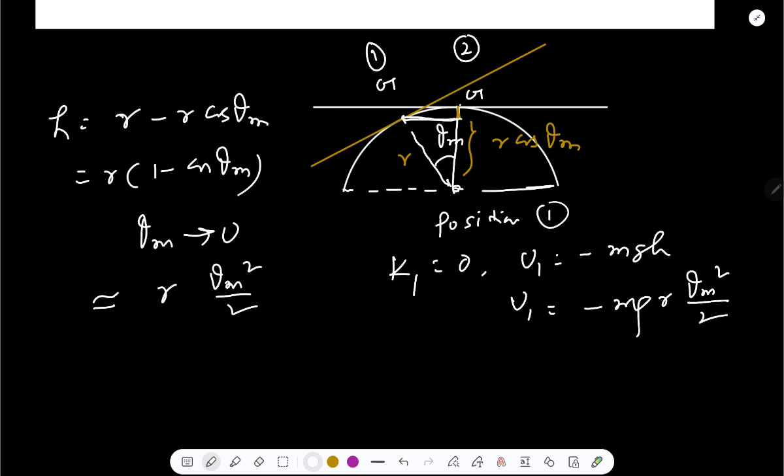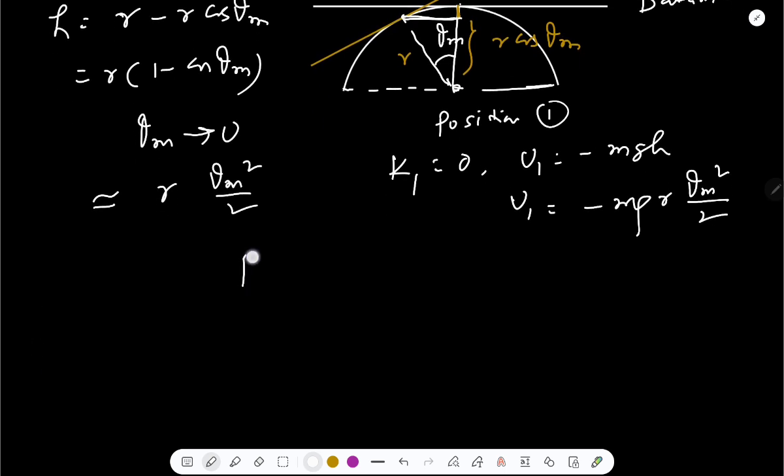These are the values of kinetic energy and potential energy, and in writing this potential energy I have taken the datum position here. That means the gravitational potential energy of this plate here is equal to 0.